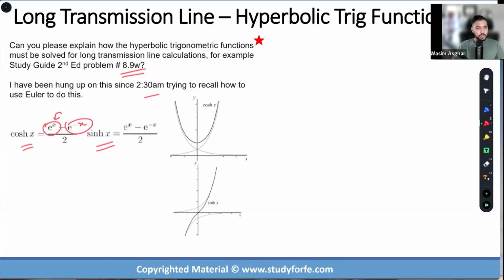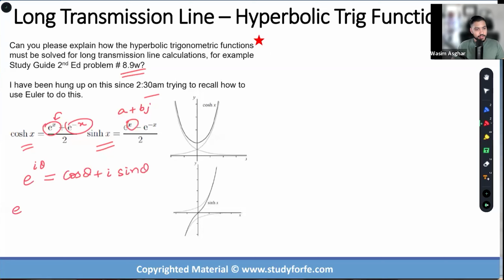The issue arises when this x becomes a plus bj, complex. So how do we deal with it in that case? Once you understand how to deal with it, it becomes so easy. Just remember that e raised to the power j theta, Euler's formula, Euler's identity, is equal to cosine theta plus j sine theta.